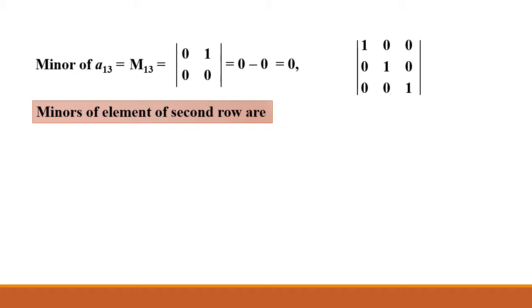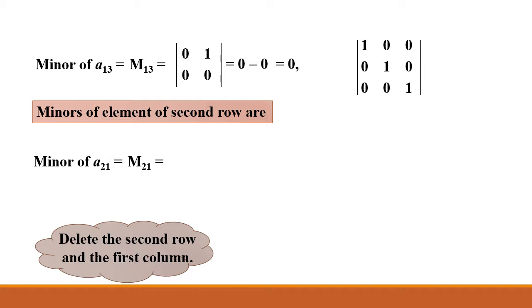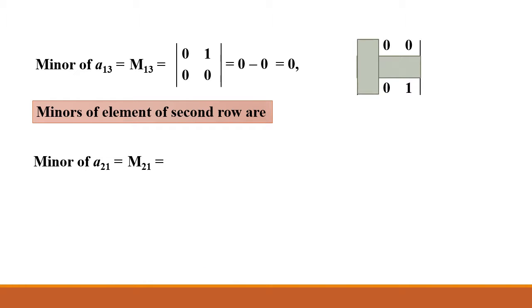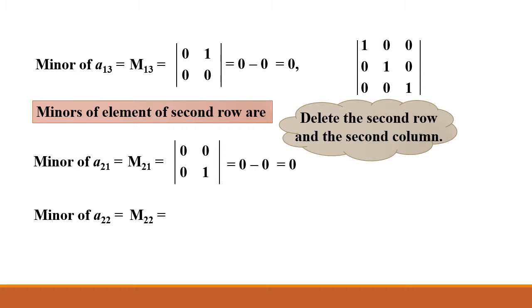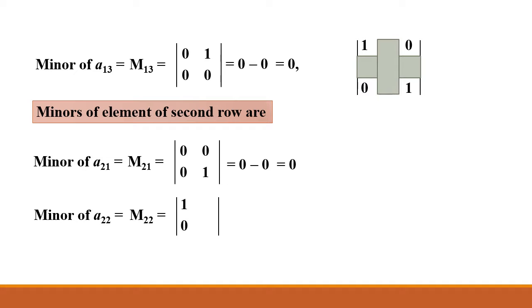Next, the minors of the elements of the second row. Minor of A21 is M21, which is obtained by deleting the second row and first column. So we get 0 minus 0, which is equal to 0. Similarly, minor of A22, which is equal to M22, is obtained by deleting the second row and second column.